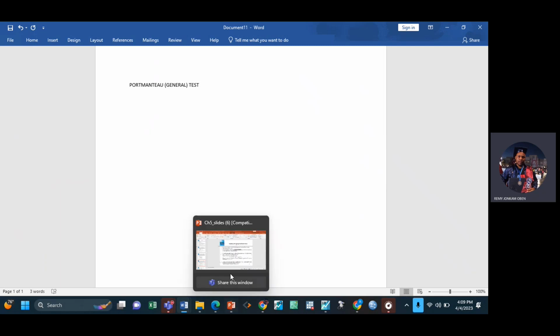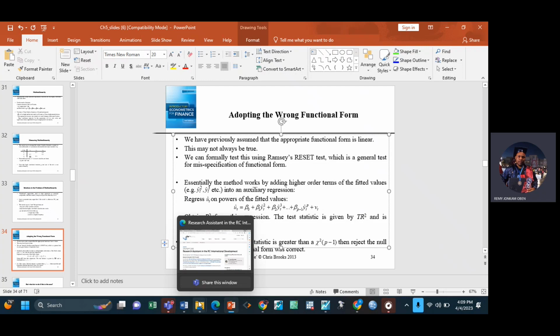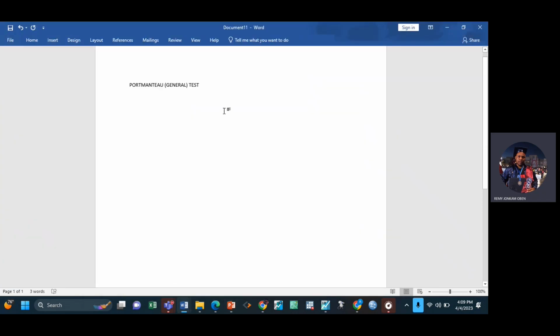Okay. So this Ramsey's RESET test, we'll do it in E-views. We are trying to see if the functional form is correct or not. What do I mean by the functional form being correct or not? You know, in ordinary least squares, we are using linear models, right?